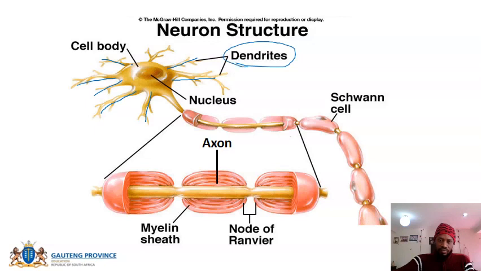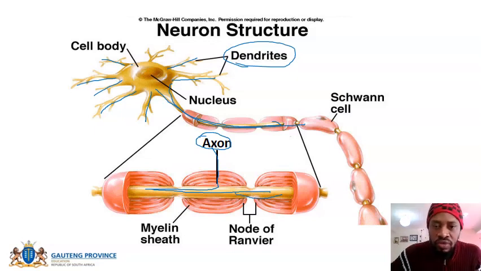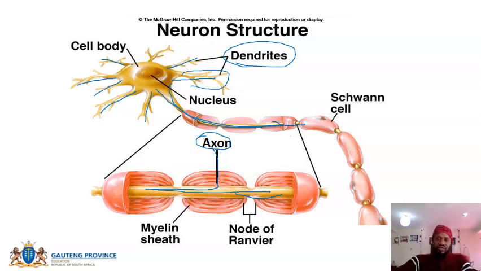One of such extensions gets modified into a cylindrical structure that we'll call the axon. This is the axon that has been extracted here. It looks much bigger than the dendrites, or the axon cylinder, because it's cylindrical in shape.